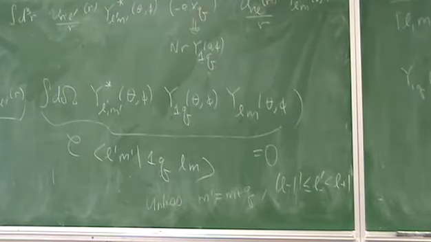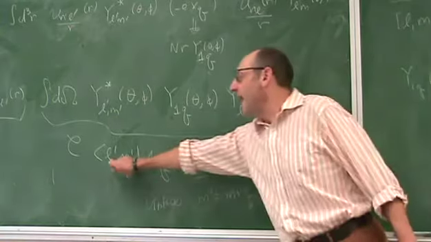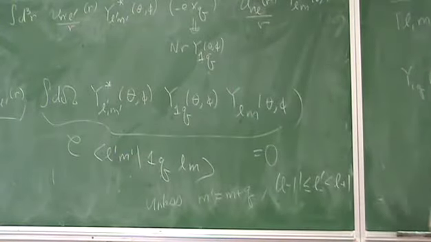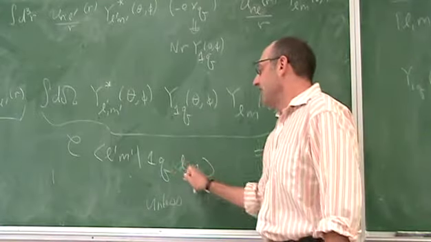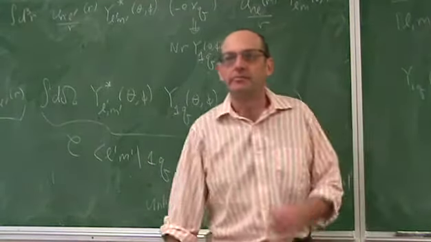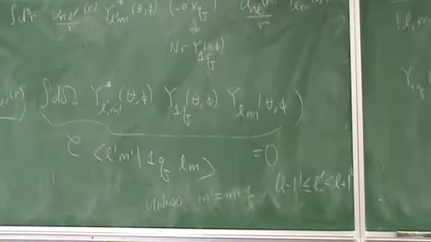Because we know the Clebsch-Gordan coefficients vanish unless angular momentum is added properly. So the only total angular momentum is L plus 1 or L minus 1. And that is another selection rule.